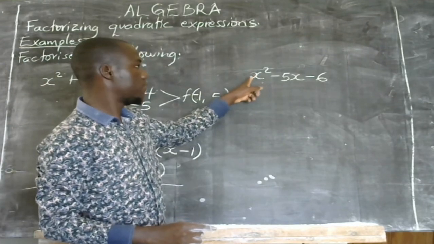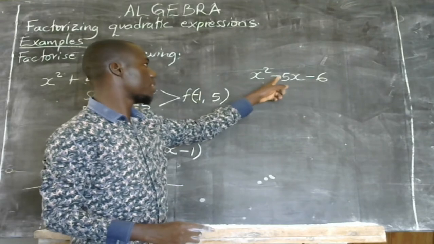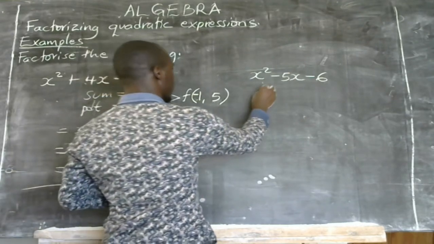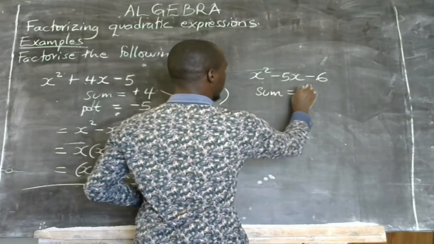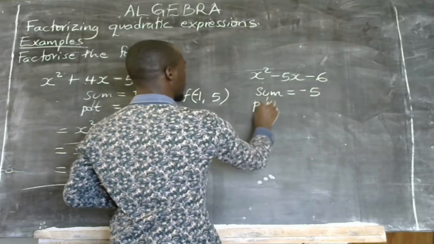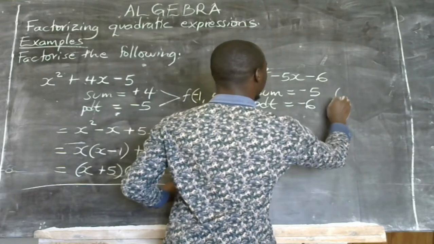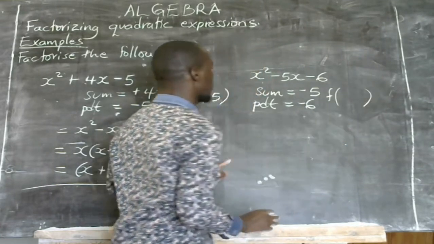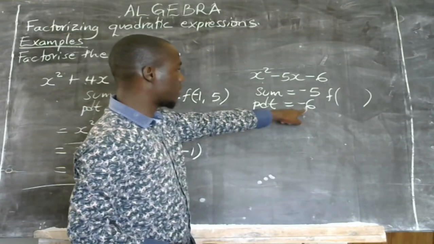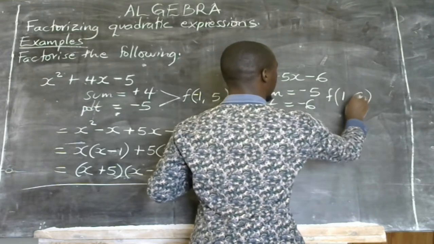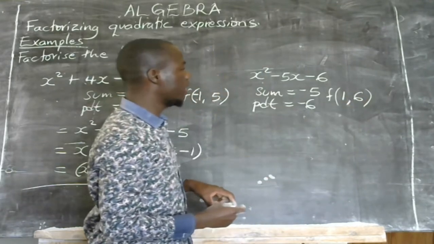So I can have this one here, x squared minus 5x, then minus 6. Identifying the sum, negative 5. Identifying the product, negative 6. The factors come from the factors of 6. So that is 6 and 1.